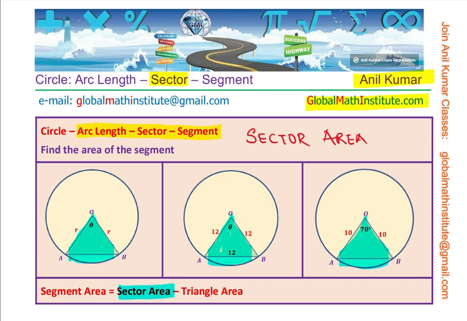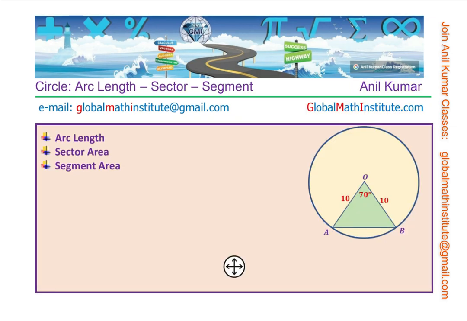So let's try to understand how do we find sector area when the angle is given to us in degrees. You know, area of circle is what? Well, area of circle is basically pi r square.